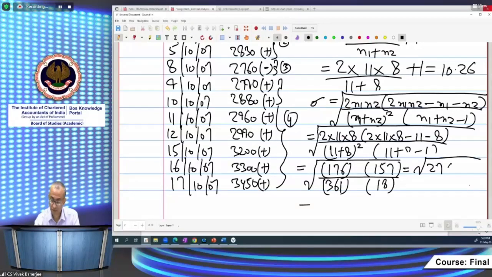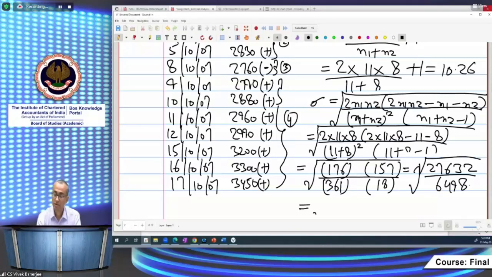176 multiplied by 157 is 27,632, divided by 361 multiplied by 18, which is 6498.